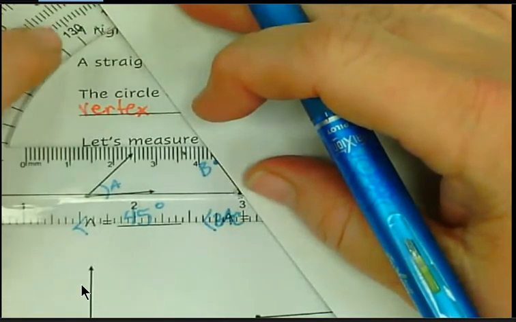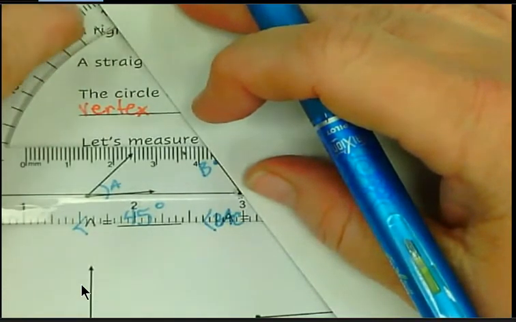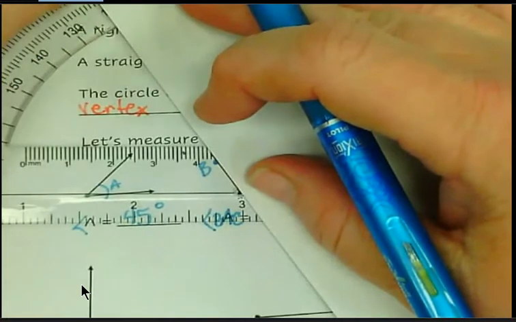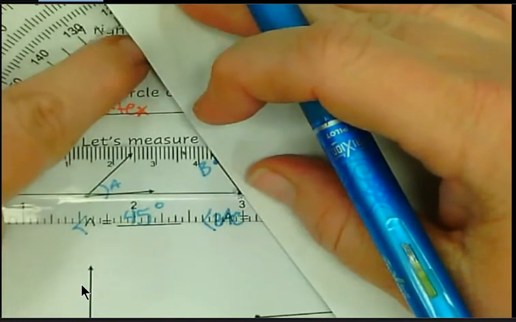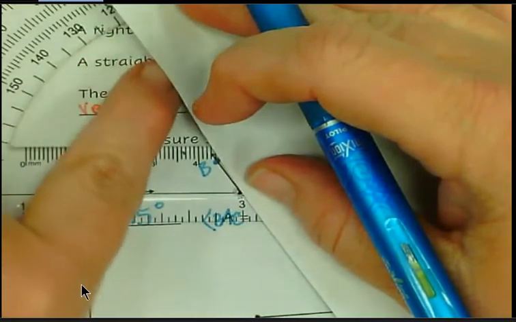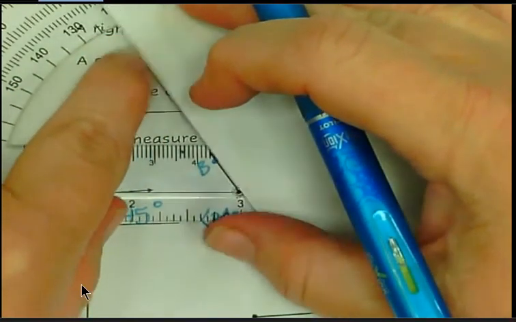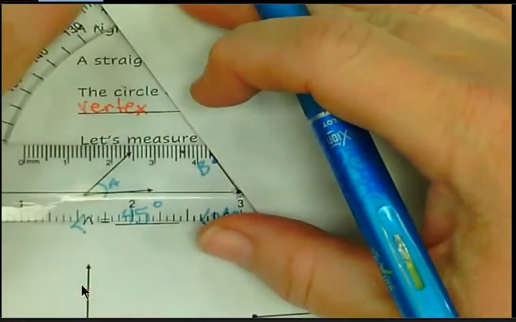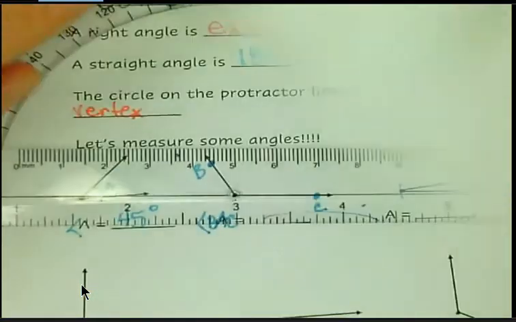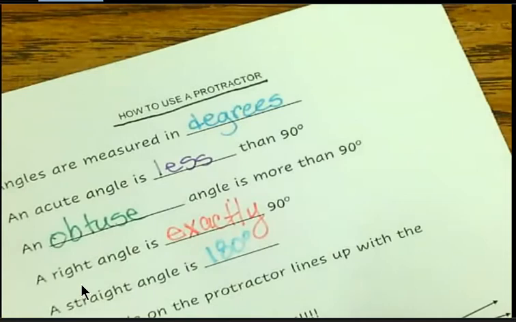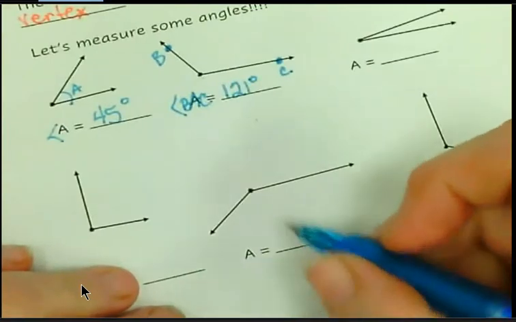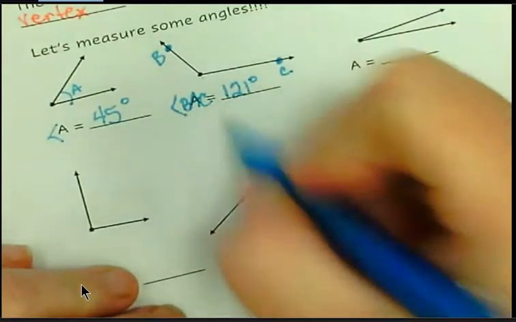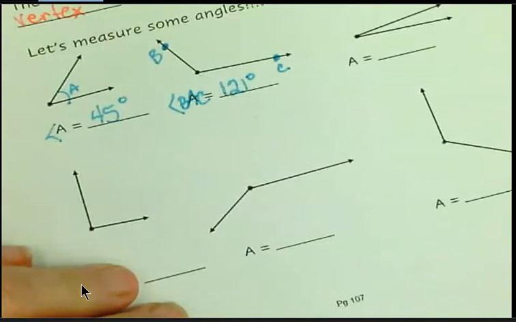I'm using the wrong numbers. So 130, 135, 139. Because it's not quite at 120. See, I'm counting wrong. That's why you always check. 120 is there, so 121. So this is now an angle that is 121 degrees. And I pulled it away so I could see it. All right, so angle BAC is 121 degrees.